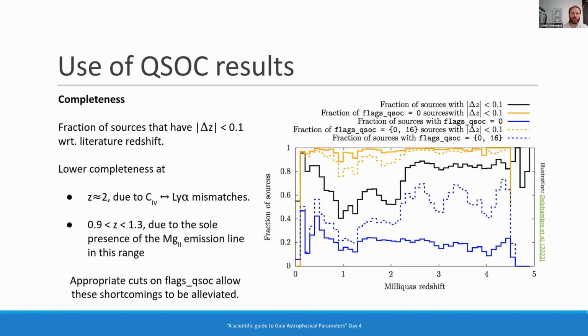The other one was quite surprising for us, as this lower band is in the redshift range 0.9 to 1.3. And actually this is due to the sole presence of the magnesium 2 emission line in this redshift range. Again, we see that if we set some cuts on the warning flag, those shortcomings start to be alleviated.